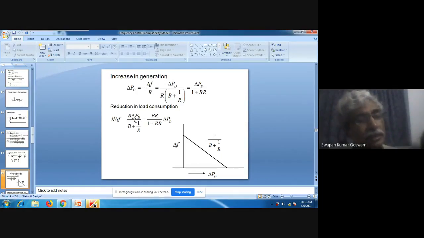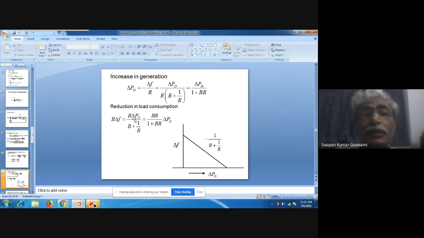Because of this decelerating force, what will happen? As the speed starts decreasing, speed has not decreased much, but as it starts decreasing, there will be release of kinetic energy by the system, and that kinetic energy alone will then be supplying the power to the load.